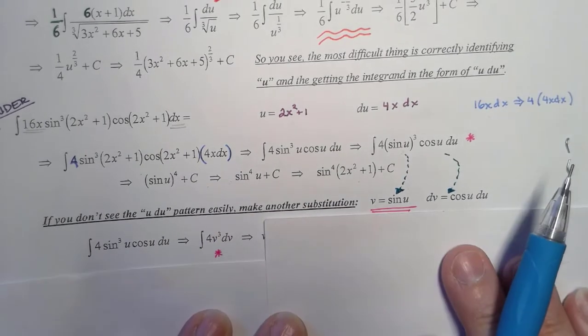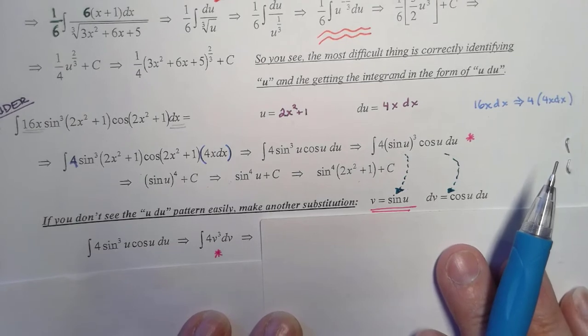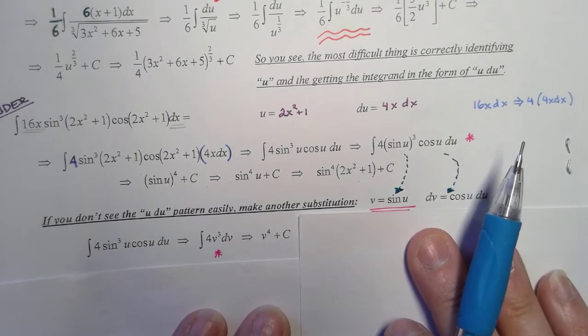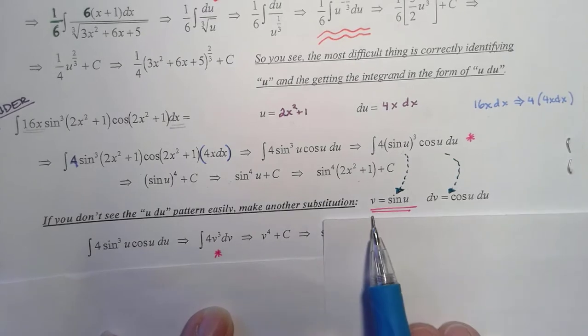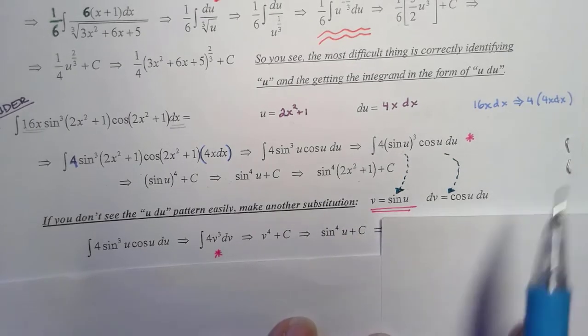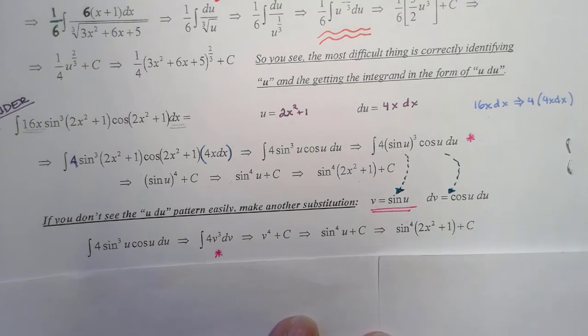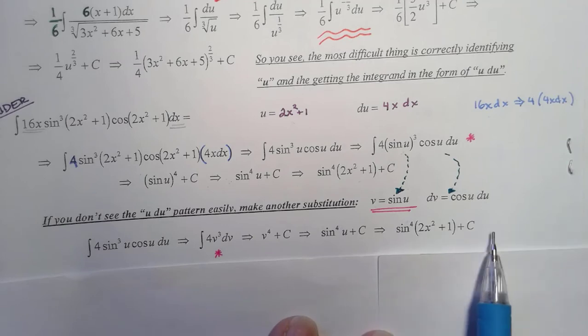Now that, you know how to anti-differentiate. It is so easy. It becomes v to the fourth plus c. But what was v? V was sine of u. What was u? 2x squared plus 1. So our answer is still sine of 2x squared plus 1 to the fourth plus c.